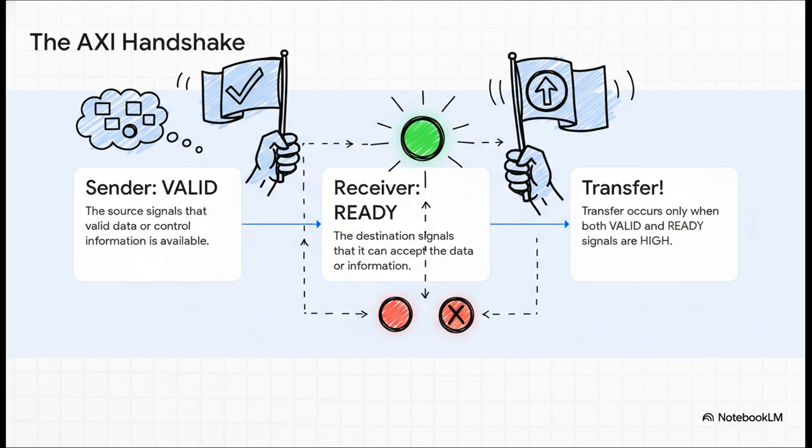The sender puts up a flag that says, "My information is valid." At the same time, the receiver puts up a flag that says, "I am ready to receive." The transfer, the green light, only happens when both of those flags are up. The official spec says it perfectly: transfer occurs only when both the valid and ready signals are high. This simple rule means data basically never gets lost or messed up on its way.